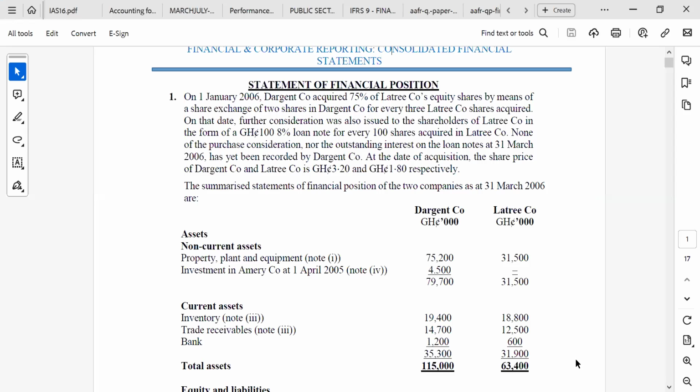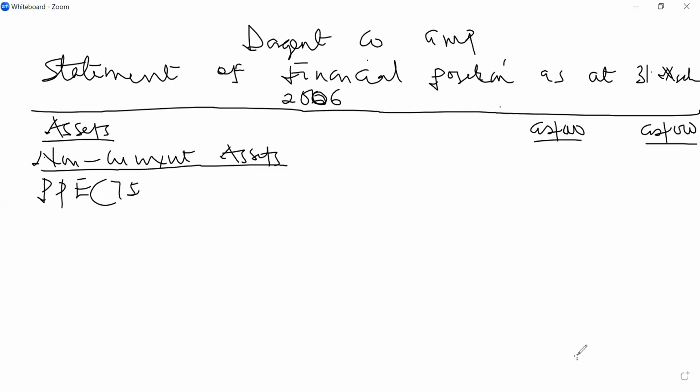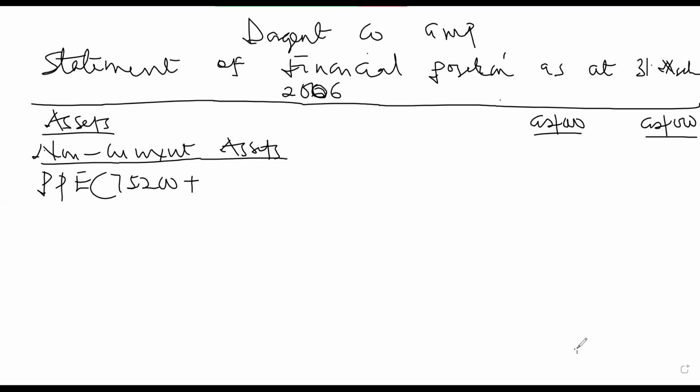75,200 plus 31,500. So the second one is investments in admin.